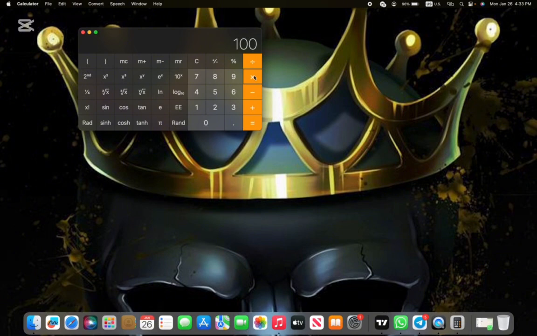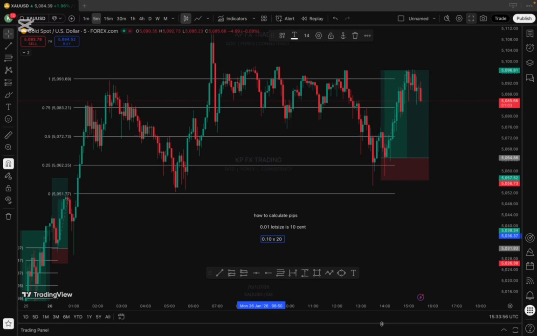If you times 100, it equals 10, which means I'm risking $2 to gain $10, right? With that, you will know how to calculate your pips and know the exact lot size you have to use on a trade.